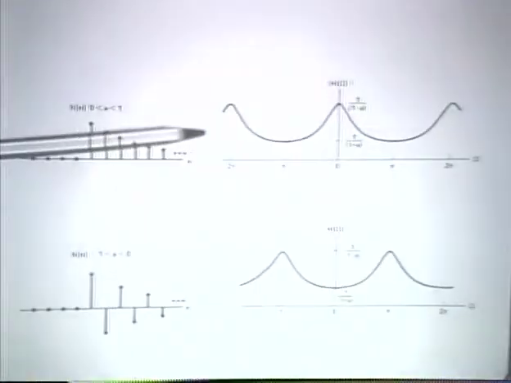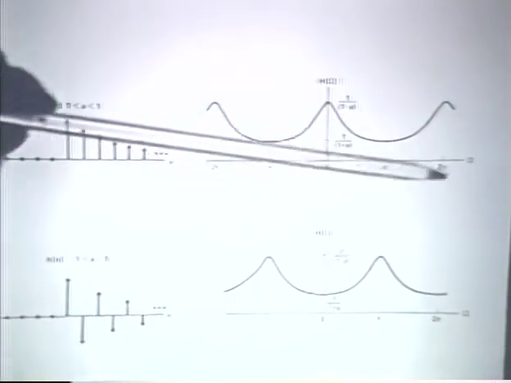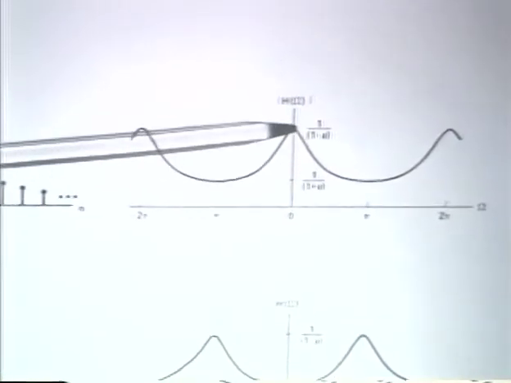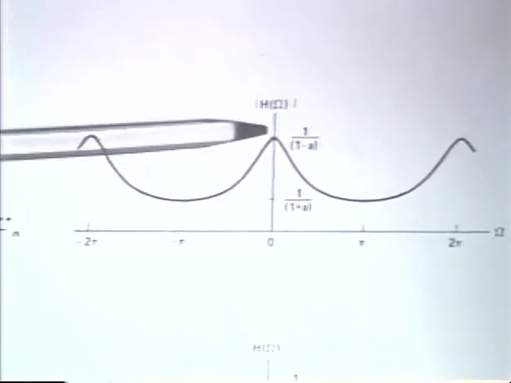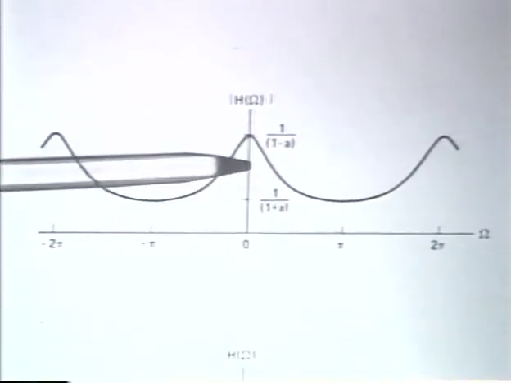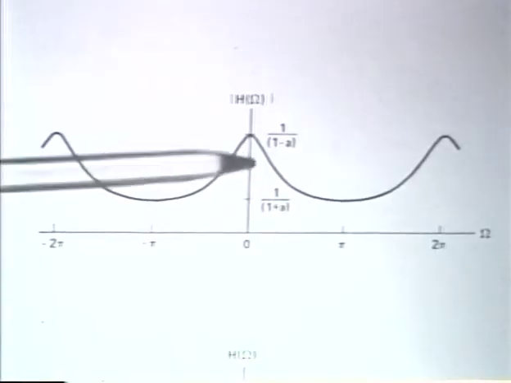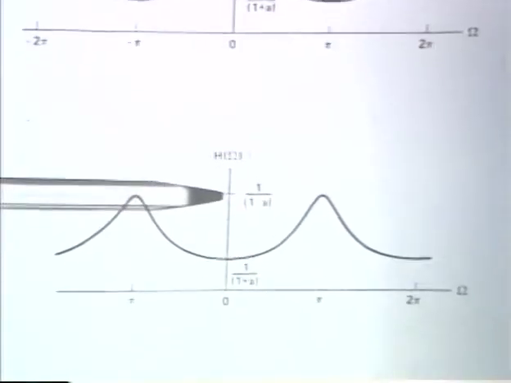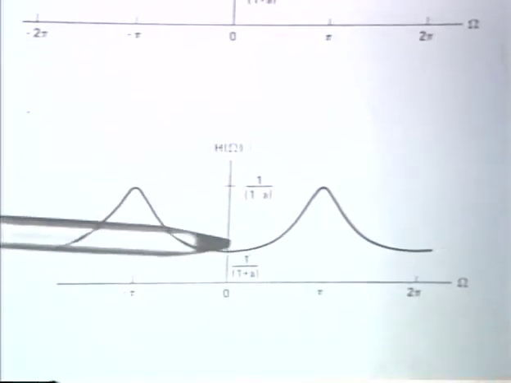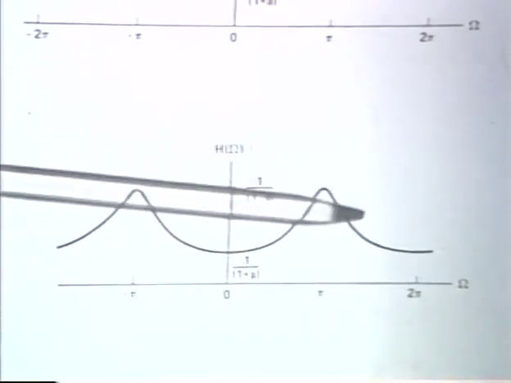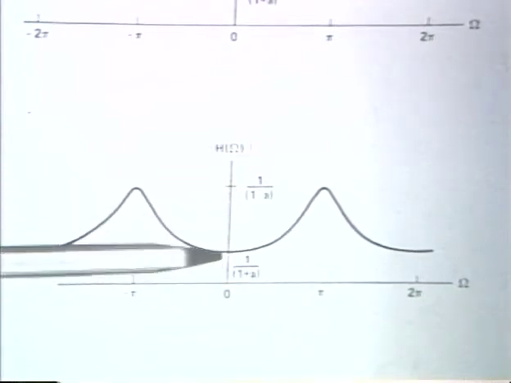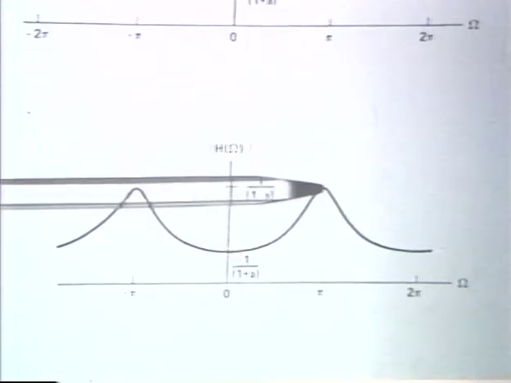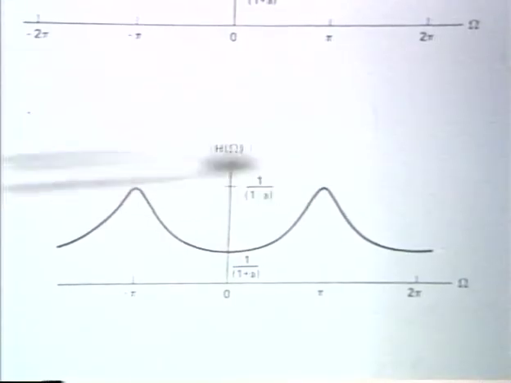If we look at the frequency response for the factor a being positive, then we see that this is an approximation to a low-pass filter, whereas below it I show the frequency response for a negative, and there this corresponds to a high-pass filter because we're attenuating low frequencies and retaining the high frequencies.